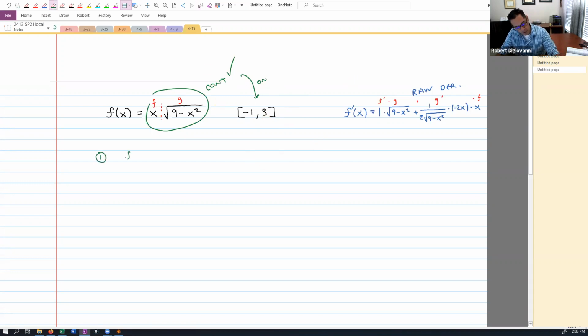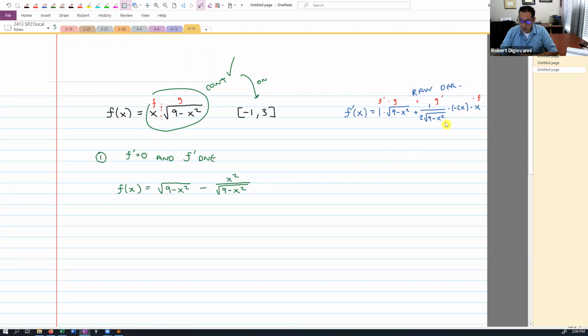I want to figure out where the derivative is 0 and where the derivative does not exist. So we take the derivative, and here's what we got: the square root of 9 minus x squared, minus x squared over the square root of 9 minus x squared.